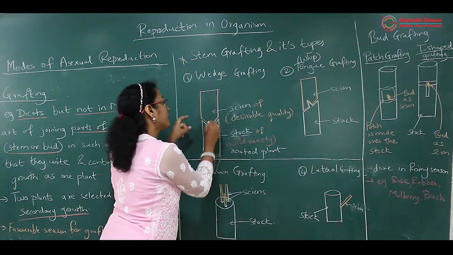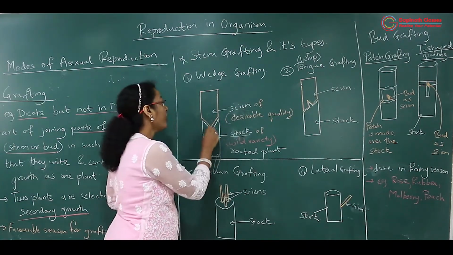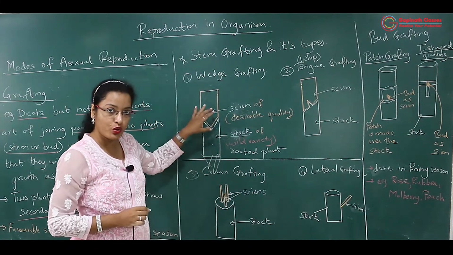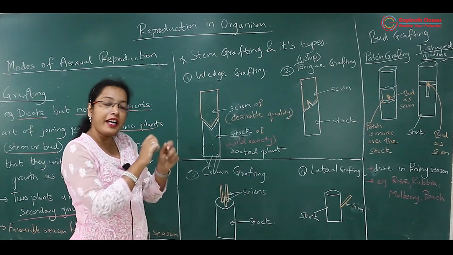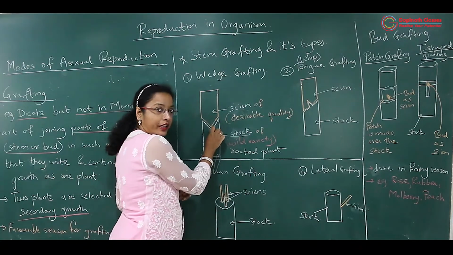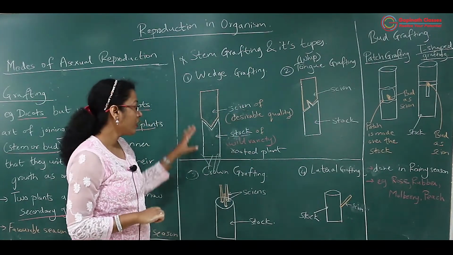Okay. So once the scion is placed over the stalk, you have to apply certain growth hormones and tie it with a polythene bag or else nail it properly so that the scion will not fall off from the stalk. Okay.